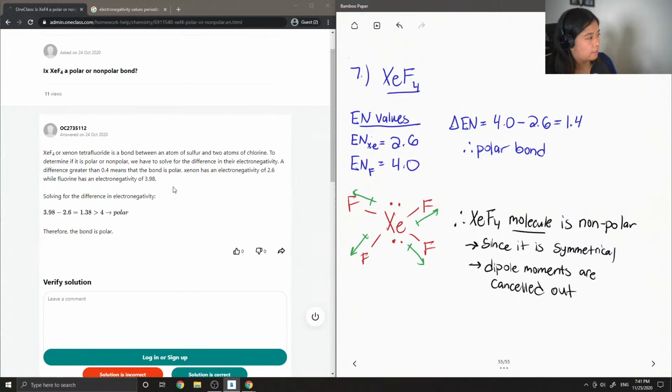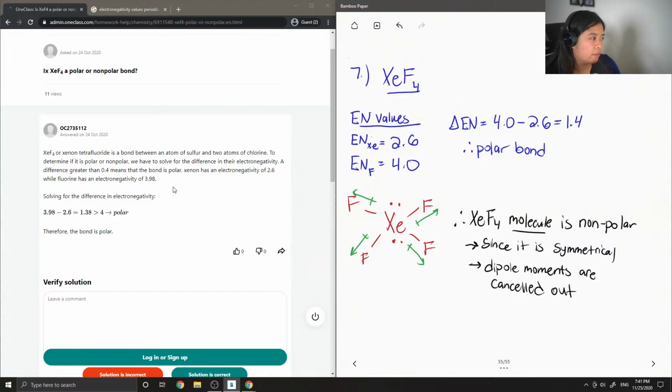So the junior tutor said, xenon tetrafluoride is a bond between an atom of sulfur, 2 atoms of chlorine. I think they meant between an atom of xenon and 4 atoms of fluorine. To determine if it is polar or nonpolar, we have to solve for the difference in their electronegativity.